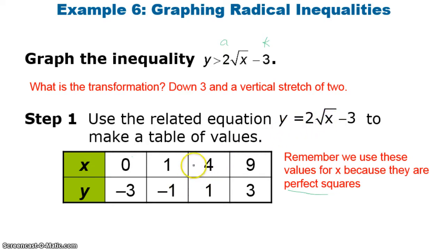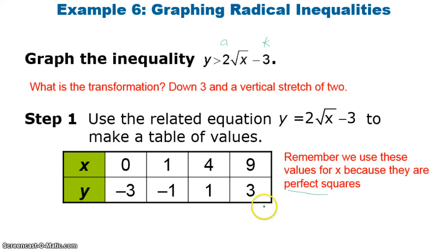And then I go to my next perfect square, which is 4, because I know the square root of 4 is 2, and then 2 times 2 is 4. So 4 minus 3 gives me the 1. And then I take another perfect square of 9, so I know the square root of 9 is 3, times my 2 is 6. Then I subtract the 3, and I get the 3.